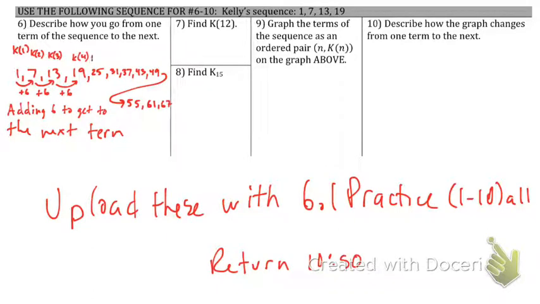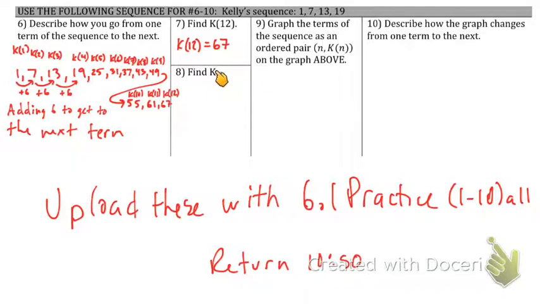That's K4, K5, K of 6, K of 7, K of 8, K of 9, K of 10, K of 11, and we found K of 12. So K of 12 is 67. For 8, we got to find K subscript 15.